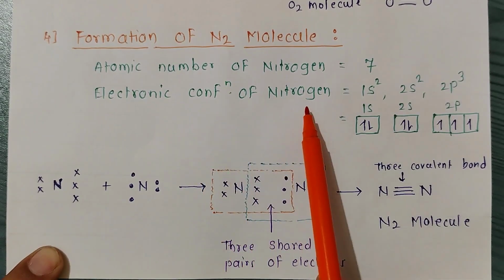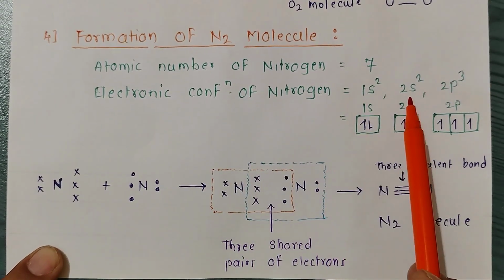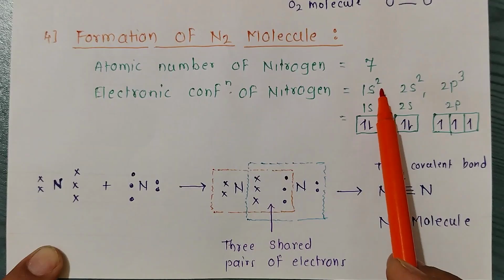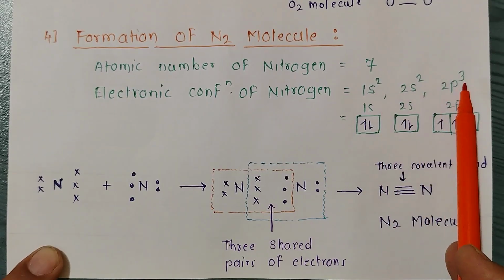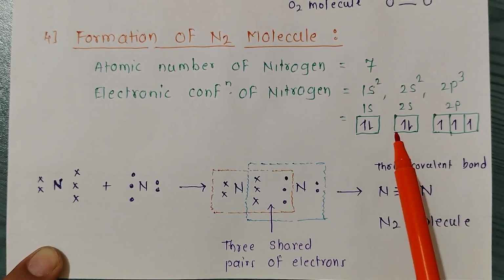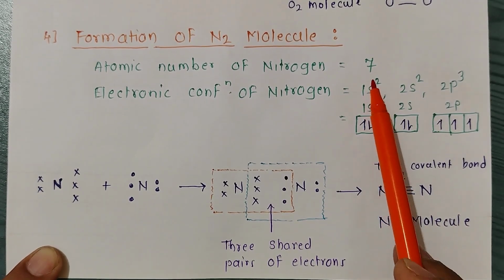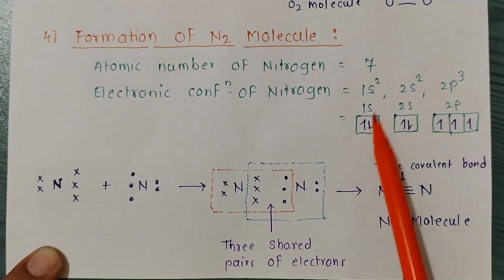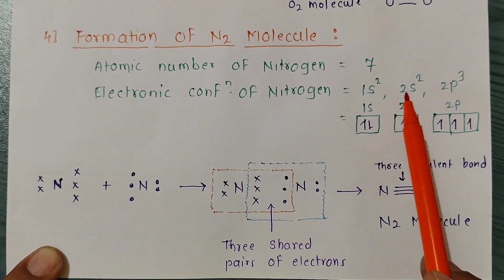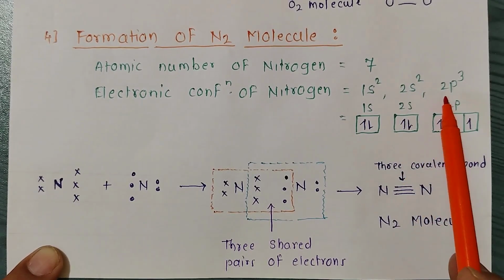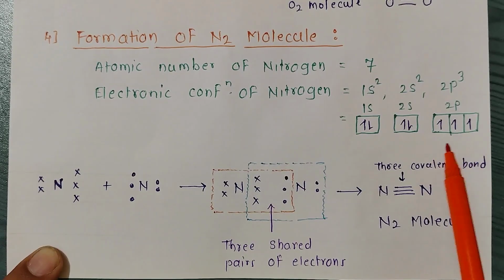Now we write the electronic configuration of nitrogen: 1s2, 2s2, 2p3. Means 2 plus 2 is 4, plus 3 is 7 electrons in total. When we fill these electrons, 2 electrons go in the 1s orbital, 2 electrons in the 2s orbital, and 3 electrons in the 2p orbital.